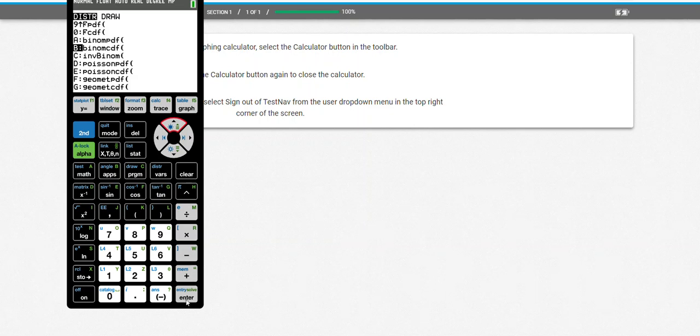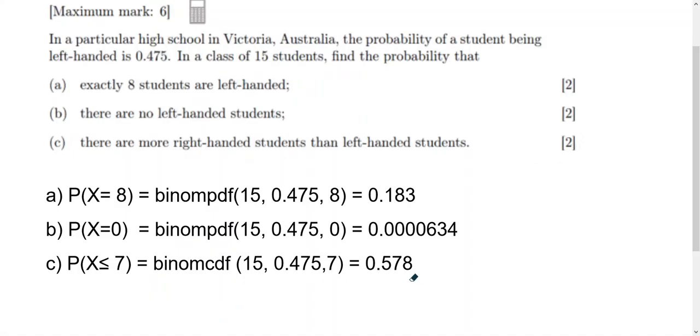Everything else is the same, 15. Probability of success, remember, we are doing left-handed, so we don't have to change it either. X value is 7, and then paste, and that gives us 0.578. That is to 3 SF, and that is exactly what you have here.